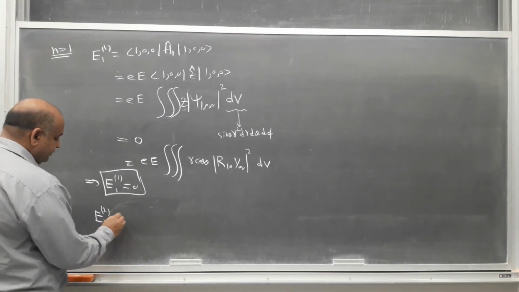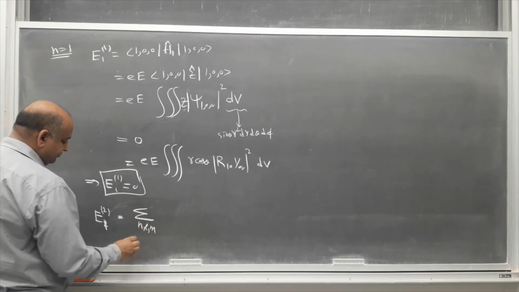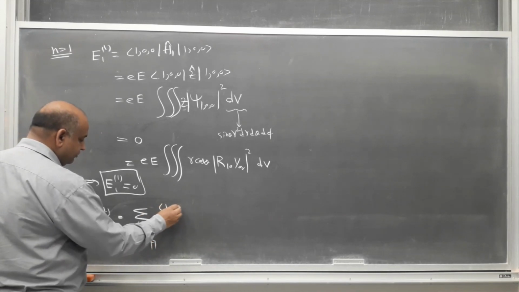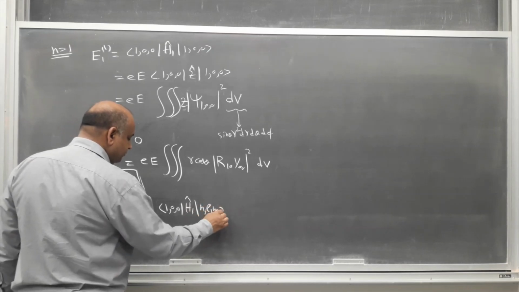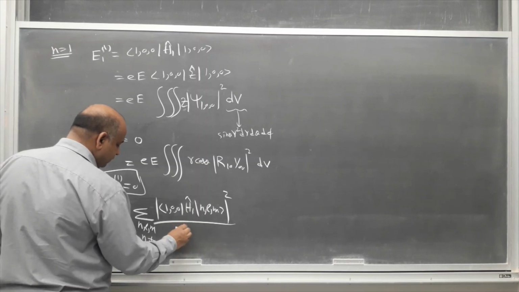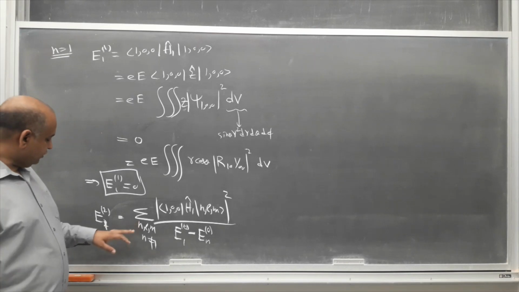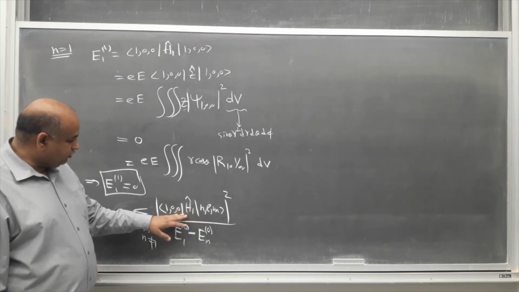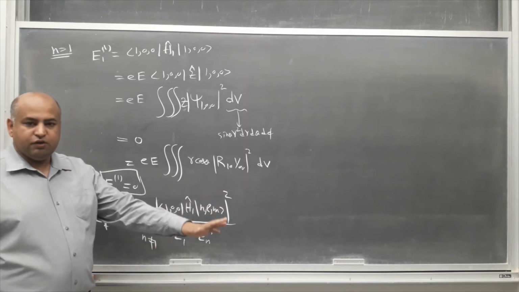The second order correction is a sum over all n, l, m, except that n is not equal to 1, of the matrix element squared divided by E10 minus E0. So essentially, we have to evaluate this term for each n, l, m except when n is equal to 1, and sum all of these terms.